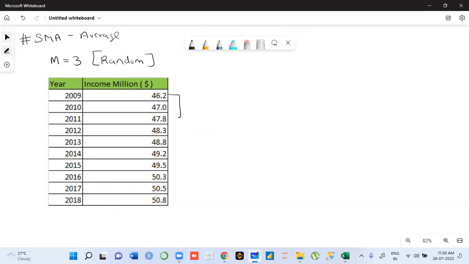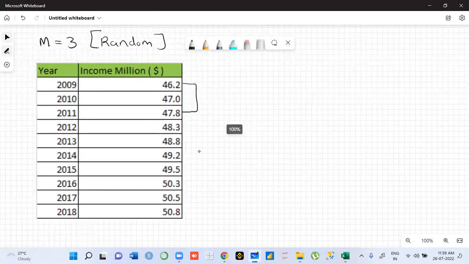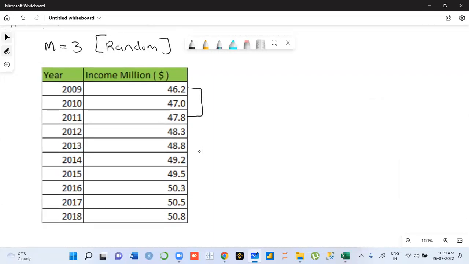Can you compute the average of 3 numbers, guys? Till here clear? Can you compute the average of these three numbers?